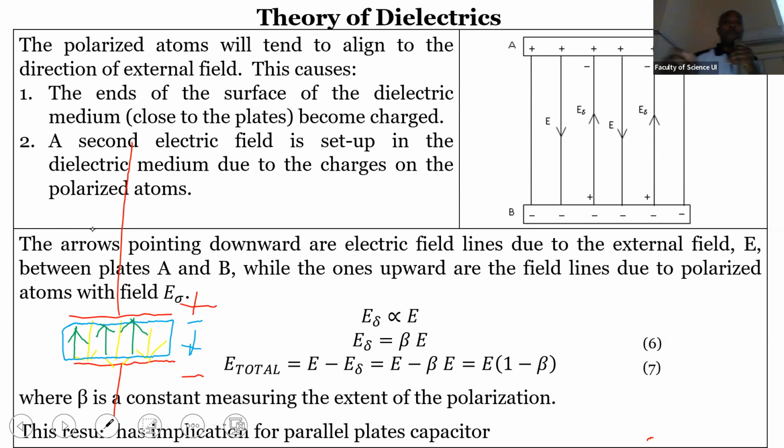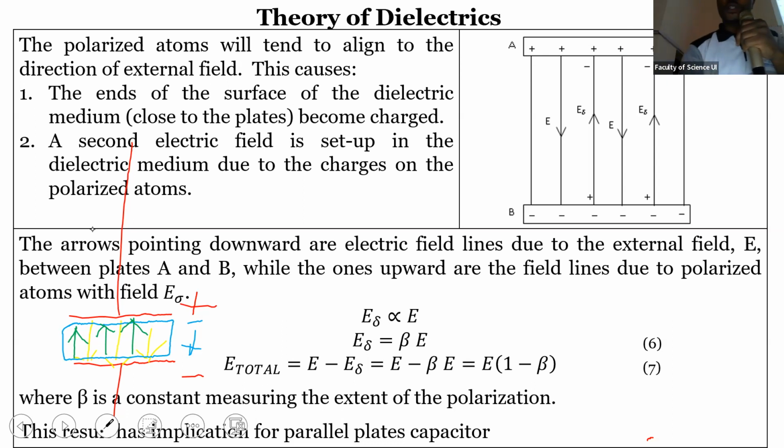The arrows pointing downwards, labeled E, are electric field lines due to the external field, that is, the voltage source connected across plates A and B of the capacitor, while the ones pointing upwards are the field lines due to the polarized atoms within the dielectric.